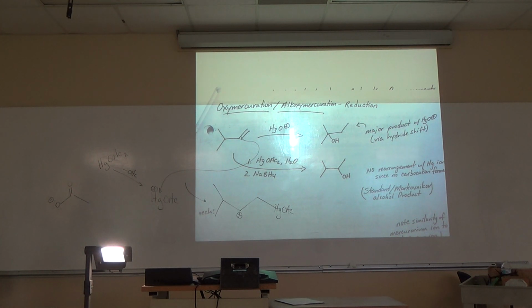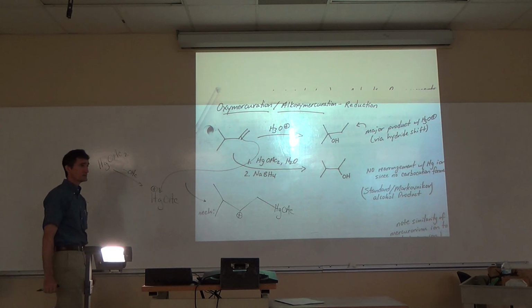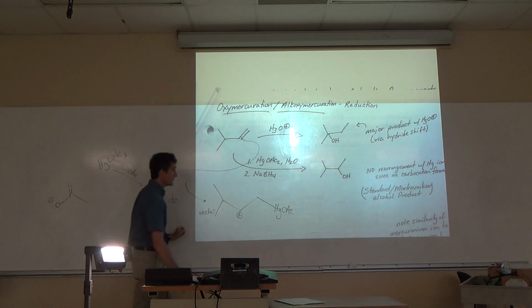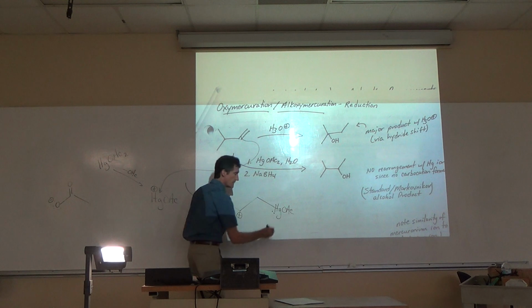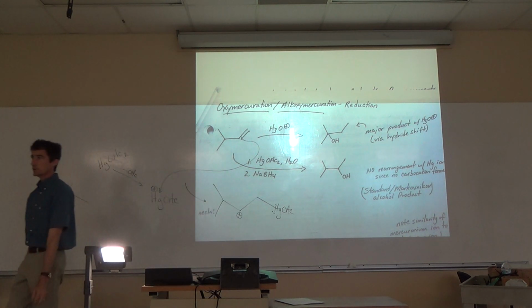All right. Why no carbocation? No back bonding. Back bonding by what? No, not the oxygen lone pair. Mercury has lone pairs, at least one. I don't know exactly how many, we'd have to think about it. Mercury has at least one lone pair.